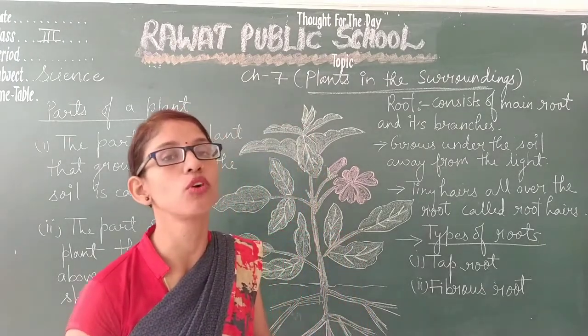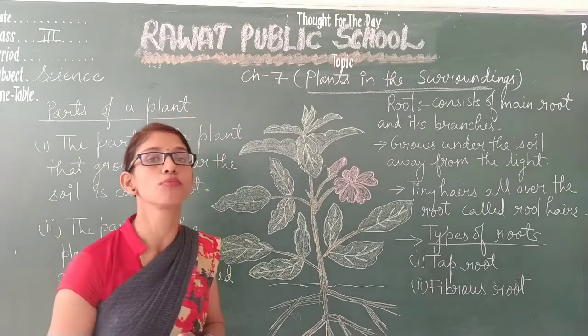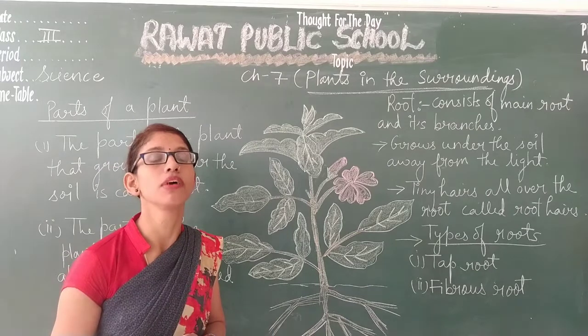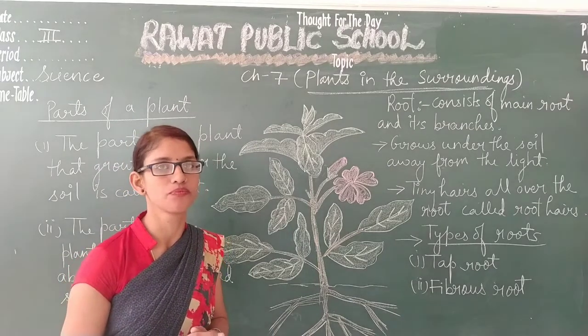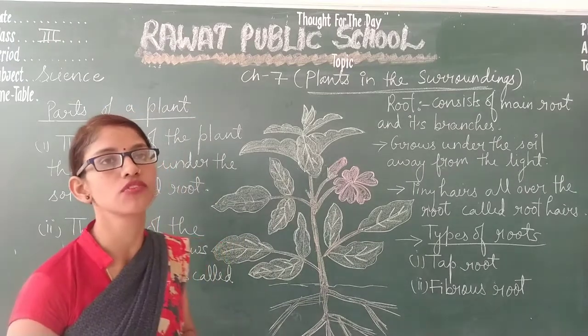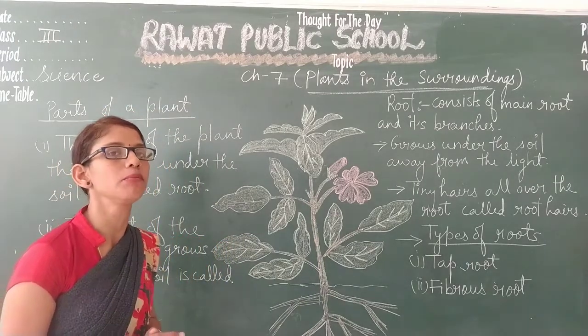Flowers, fruit, stem, leaf and branches form the shoot, whereas the root and its branches form the root of the plant.